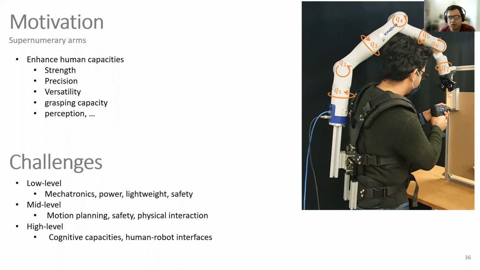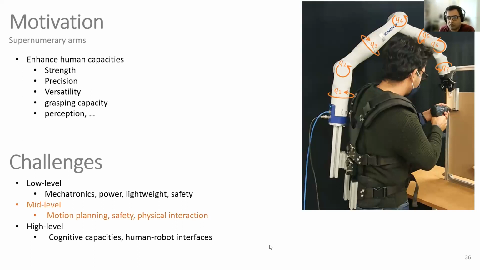At the low level, people are working on mechatronics and making these robots more lightweight. At the high level, people are trying to find ways of interfacing this with the human brain, with human muscles, or giving it cognitive capacities. But the work that I'm presenting is mostly at the mid level, where we are doing motion planning and solving inverse kinematics and physical interactions.